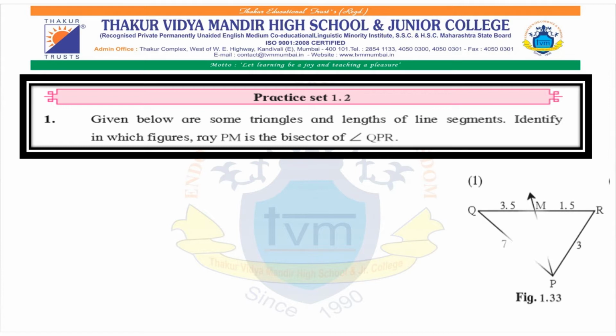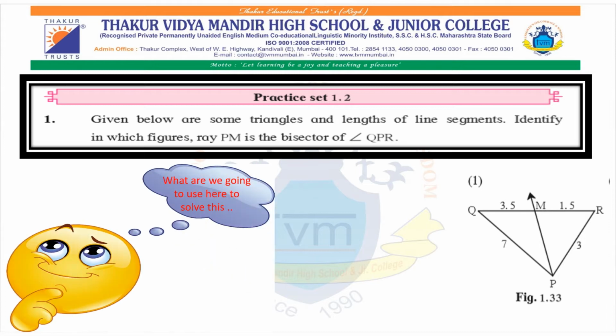The first diagram you can see on the screen. In this it is given the length of PQ is 7, PR is 3, QM is 3.5 and RM is 1.5. To solve this question, we need to first think what we are going to use in this chapter. I have already said we have done three theorems before this: basic proportionality theorem, angle bisector property and property of intercepts made on three parallel lines.